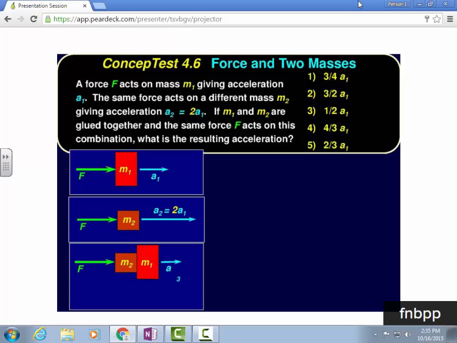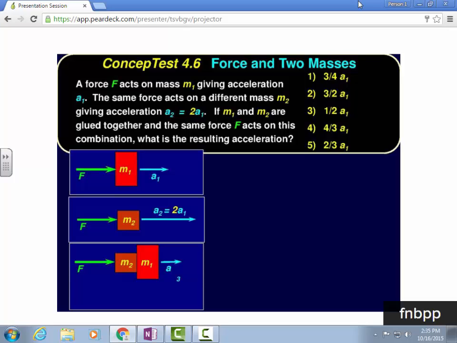So, let's call this M1. Let's call this M2. What's the driving force on the system? Force of gravity on 2. What's the retarding force? Force of gravity on 1. That represents the net force acting on the system.